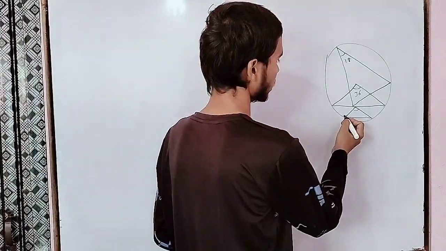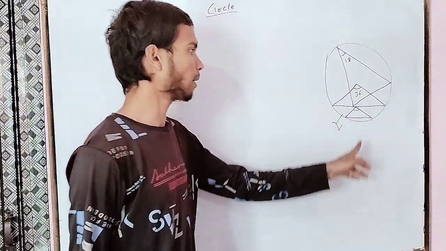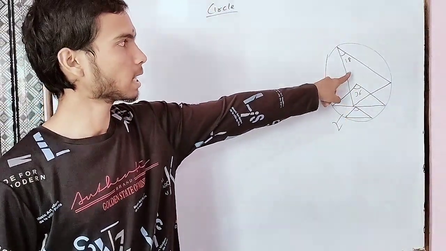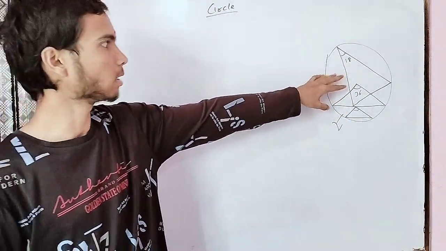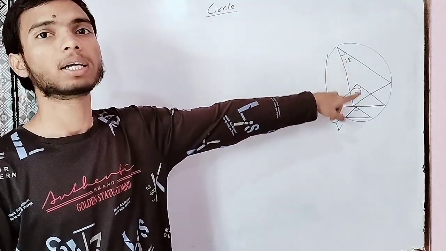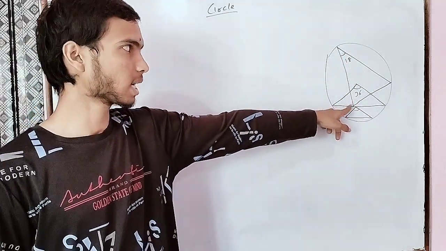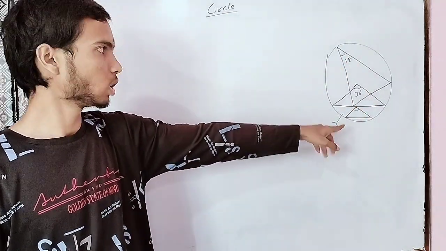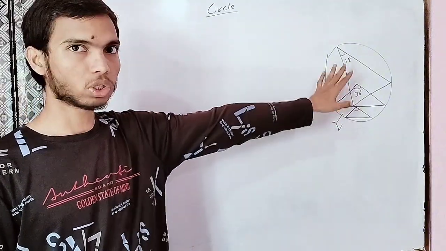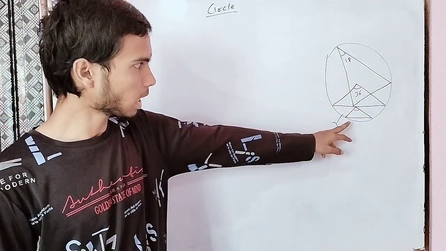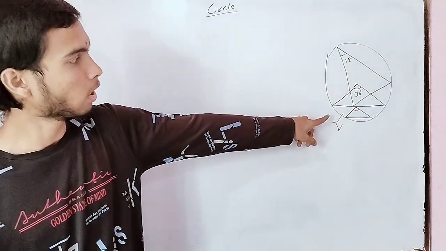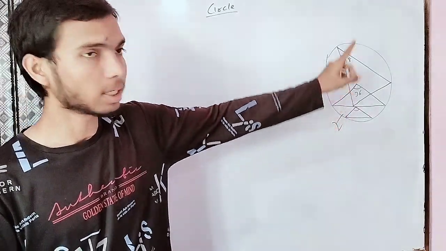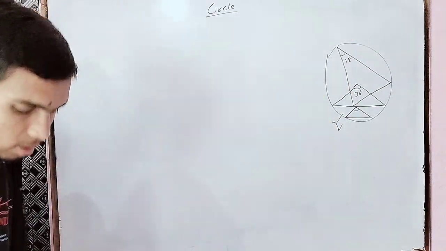You can say this is a universal truth. I am not talking about this triangle, which is forming an angle; this triangle is coming in the major sector and this triangle is coming in the minor sector. Okay, there is a difference, and this triangle is coming in the line segment.